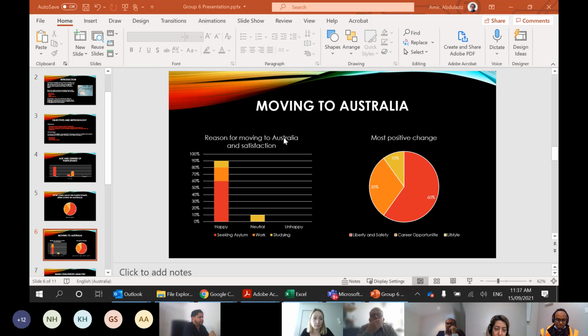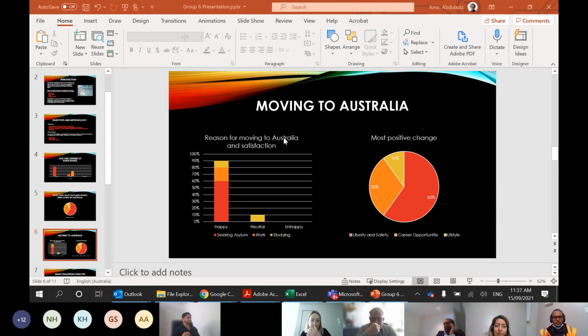At the same time, it's not just showing you that, it's also showing you where they stand. Are they happy? Are they neutral? Or are they unhappy? So that answers your question. The color means one thing, but your place within the bar chart expresses your level of satisfaction.